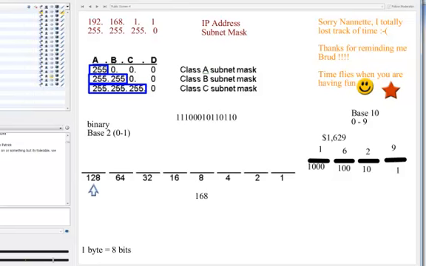Is it higher or lower than 128? It's higher, so I could go ahead and put a 1 here, and now I'm going to subtract 128 from that. So 168 minus 128 is going to give me what, 40? You guys coming up with the same answer there?